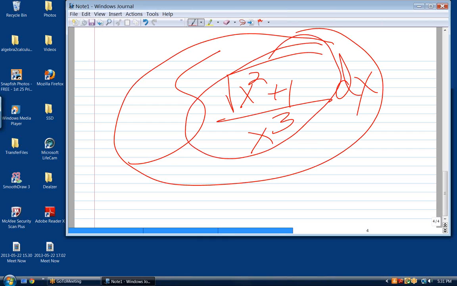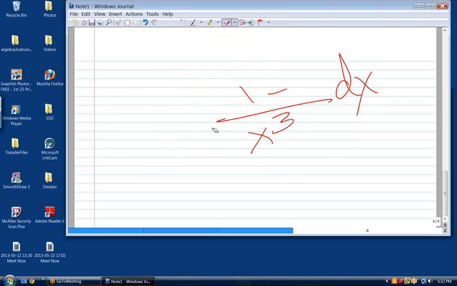Then I can integrate it and then turn it back into a polynomial. So that's why trig substitution is such a powerful technique for integration: it allows you to handle all kinds of very difficult problems. Let me get some examples and I can explain better.